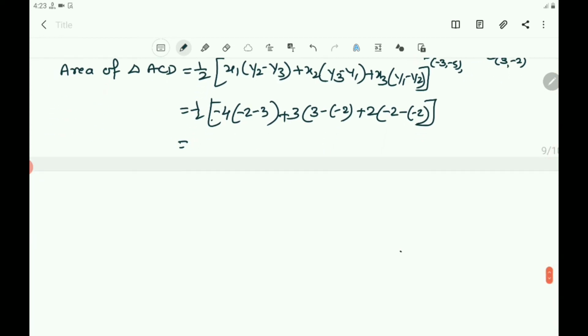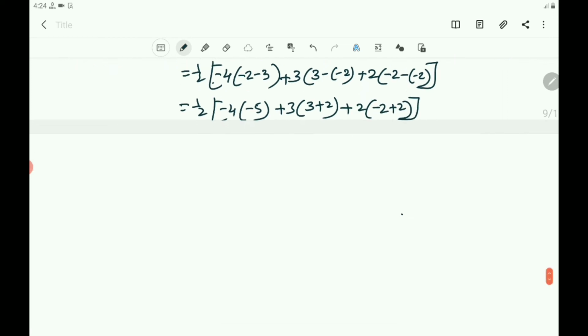Then it becomes 1 by 2 into minus 4. Sum of minus 2 and minus 3 is minus 5, plus 3 into 3 plus 2, plus 2 into minus 2 plus 2. That equals 1 by 2 into the product of minus 4 and minus 5, which is 20, plus 3 into 5 plus 2 into sum of minus 2 and 2 which is 0.